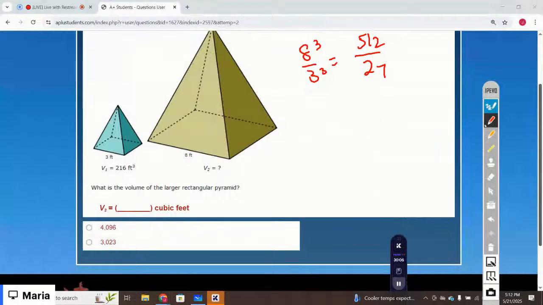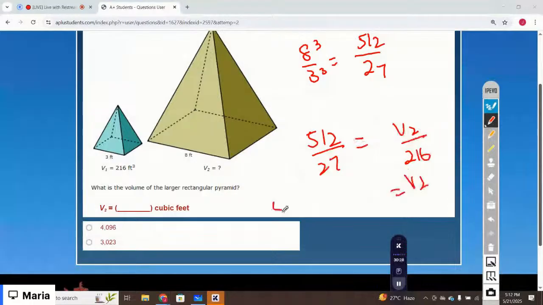So 512 divided by 27 equals V2 divided by V1, that is 216. V2 equals 512 times 216 divided by 27.